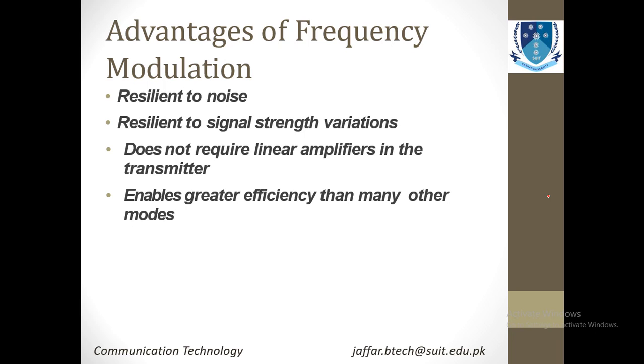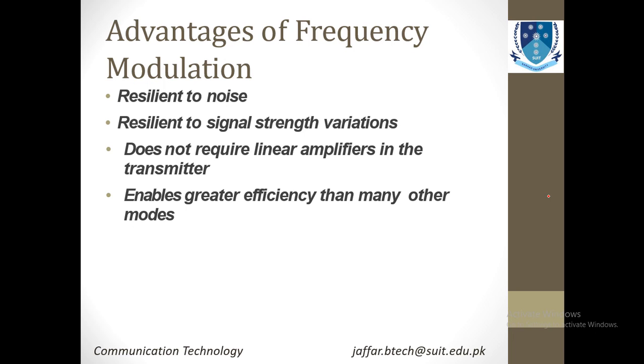So it is quite good as compared to amplitude modulation when it comes to the counter effect of noise. The second one is that it has a strong signal strength ratio, so the variations will be very resilient, and it does not require any linear amplifier in the transmitter.